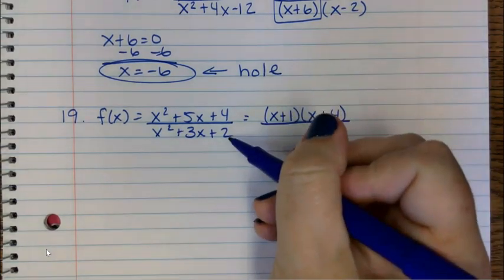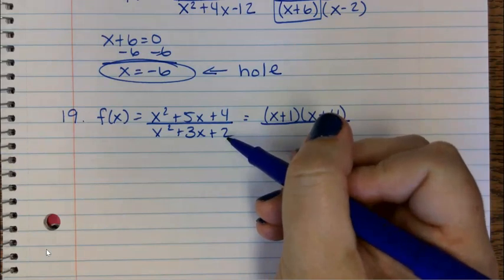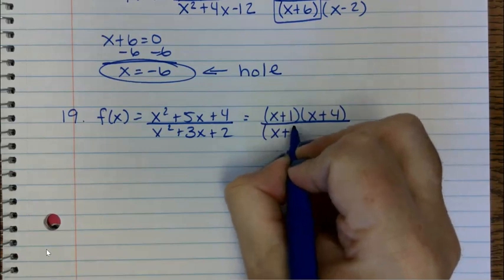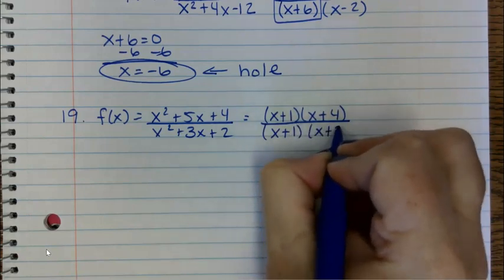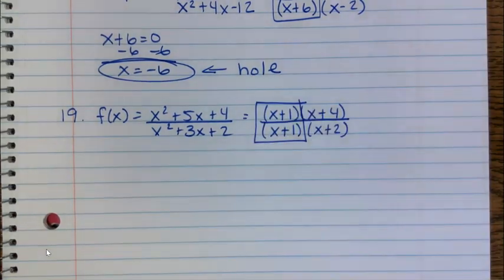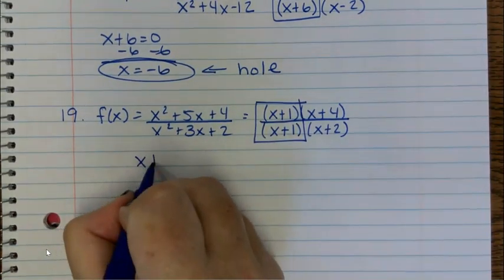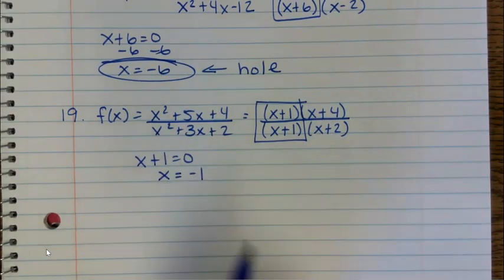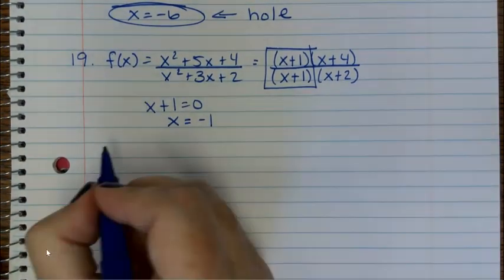Okay, and the only two numbers I know that give us 2 when we multiply are 2 and 1. So this would be x plus 1 and x plus 2, and that gives us 3, right? So looky here, common factor. So x plus 1 equals 0, so my answer is at x equals negative 1.